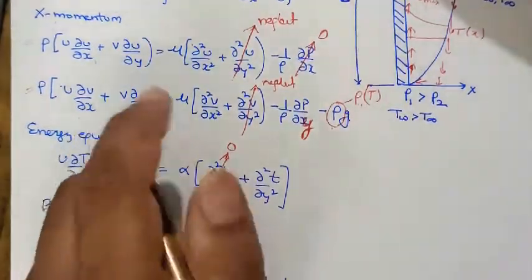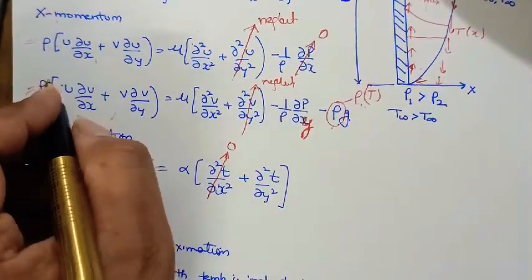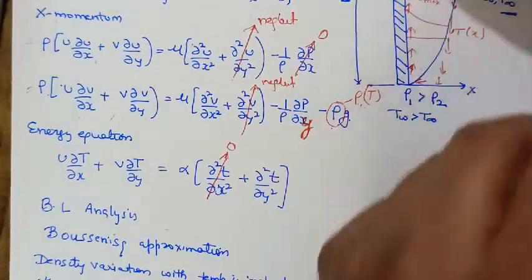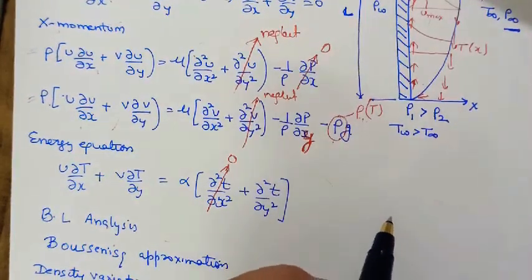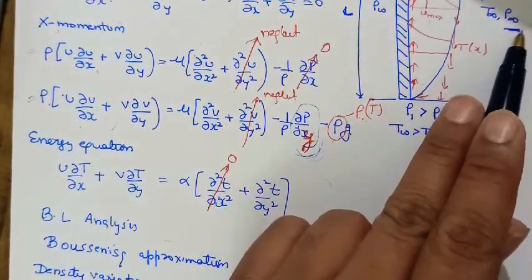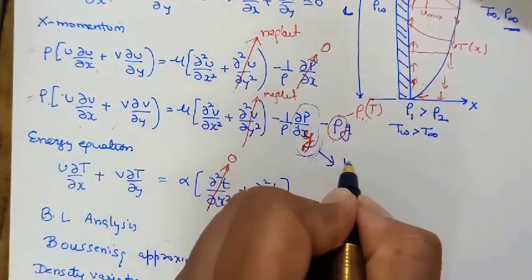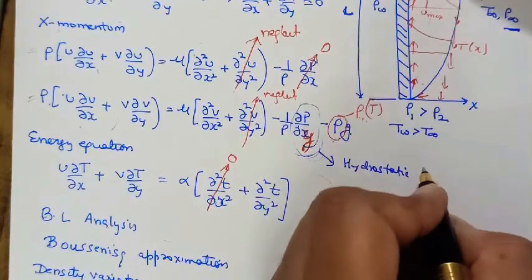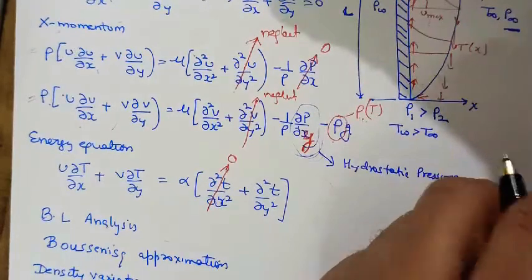And if this density is rho infinity, right, at this point, if you talk, then this change in pressure at this point will act as a hydrostatic pressure, right?